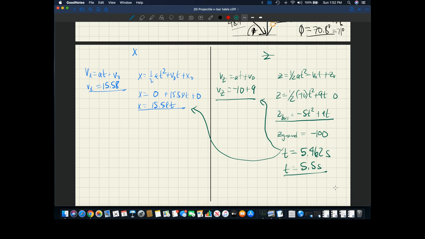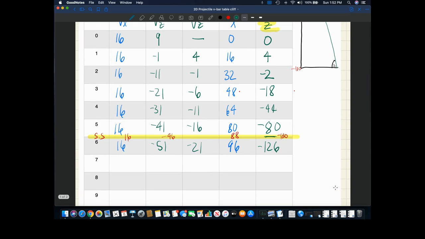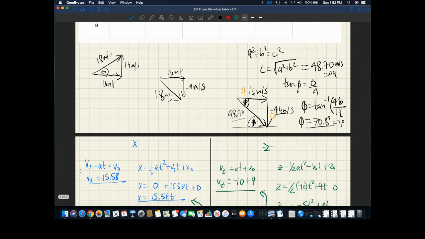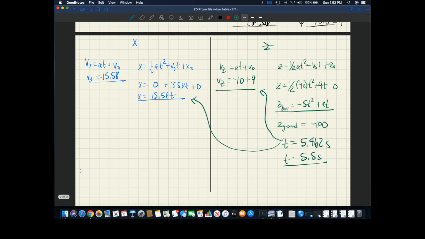If we compare that to our table, whoa, that's exactly what we said when we estimated. Pretty good. We plug in that time to our VZ and we get minus 10 times 5.462 plus 9. So minus 54.62 plus 9.